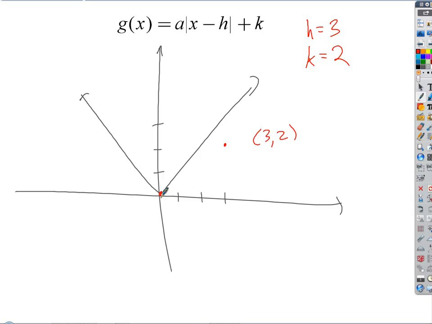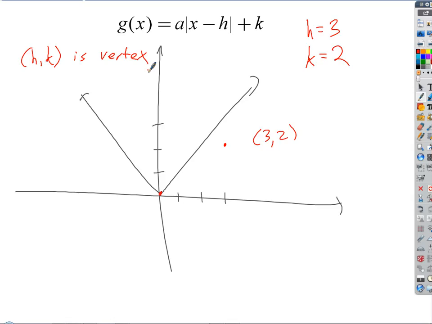That's the recognizable point. All the other ones are just parts of lines or rays. This really represents the coordinates of the vertex, right? So always think of that. H, K is the vertex. Those two parameters just tell you the coordinates of the vertex.